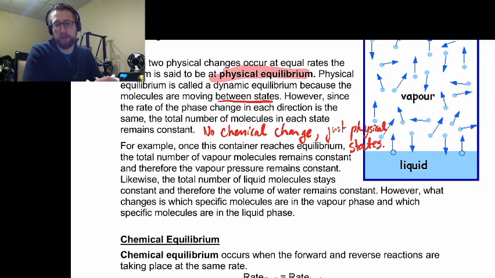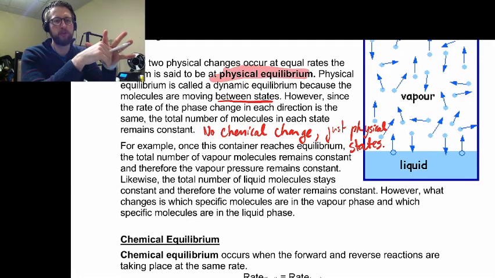This is not the case if you take a piece of ice and throw it in a cup of water. In the case of ice and water, the ice will start to break apart. It starts to melt. It is undergoing a physical change, and it's not at equilibrium.